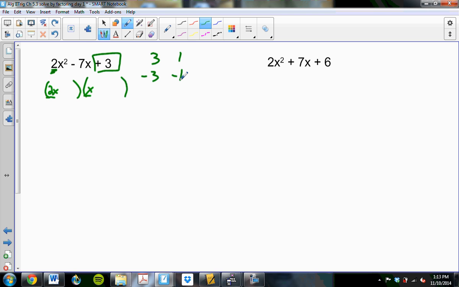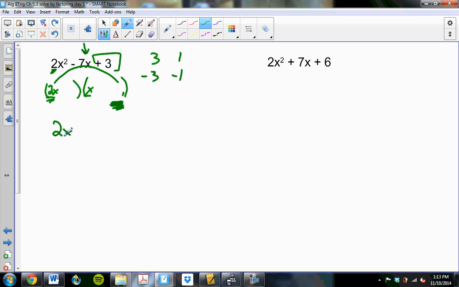The problem is, whatever number I'm going to put in that little spot, when I do the foiling to check, gets doubled. Whatever number goes in this spot gets multiplied by this 2 over here. So I really need these numbers to add up to negative 7, knowing that one of them gets doubled.